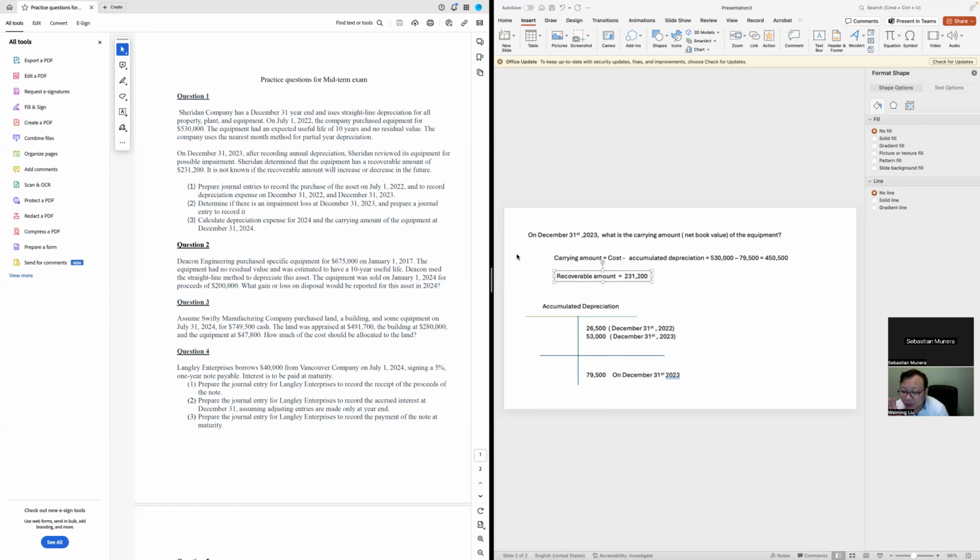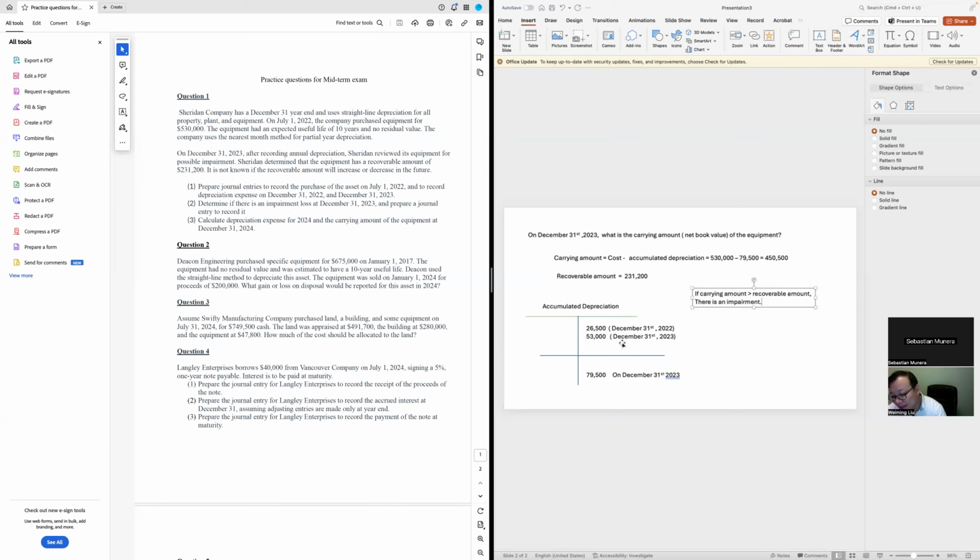When we are doing impairment testing, if the carrying amount is greater than the recoverable amount, there is an impairment. So I'm testing between the two numbers.